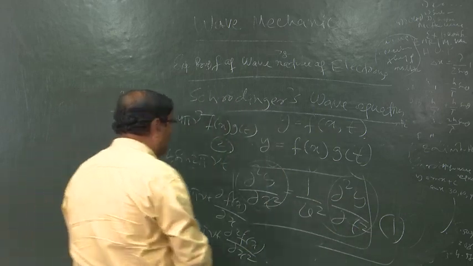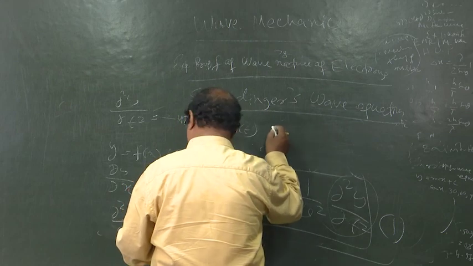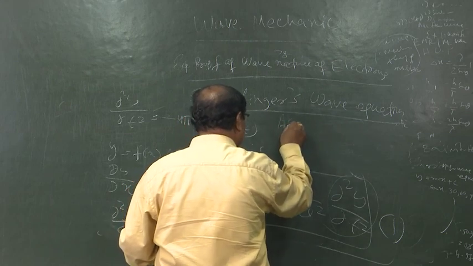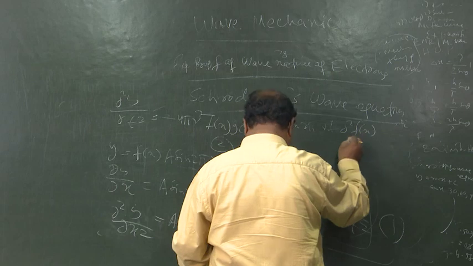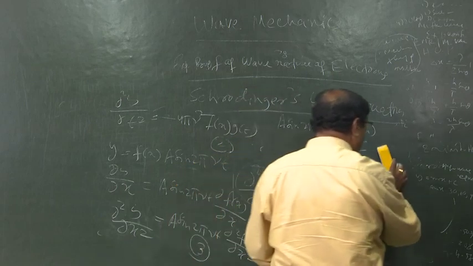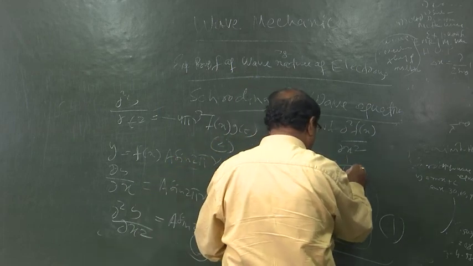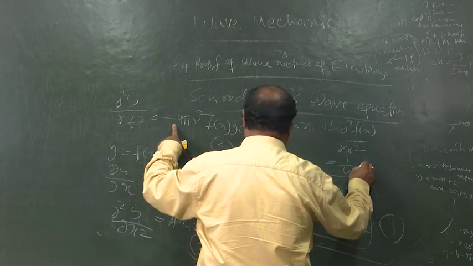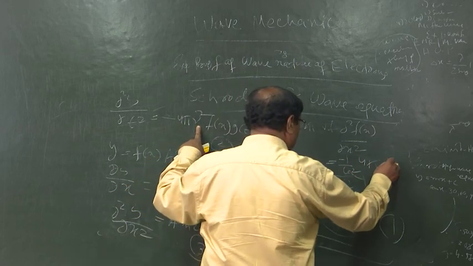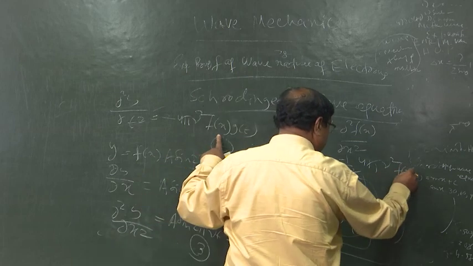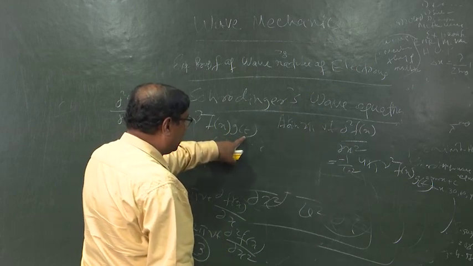So the final equation will be a sin 2πμt d²f(x)/dx², which is equal to 1/v² times minus 4π²μ² f(x) g(t).